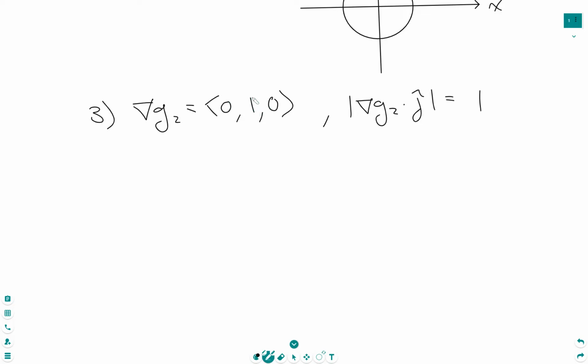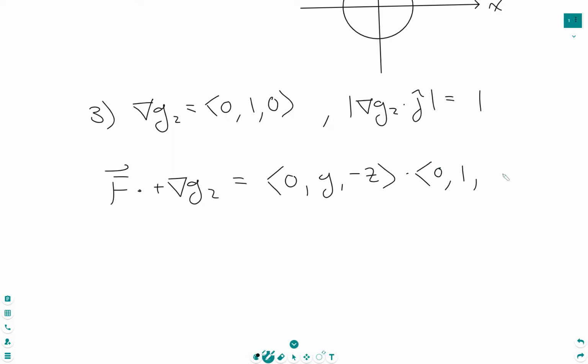But we need to say that we're choosing the positive here because we want this to have a positive y direction. It's pointed out of this object. So we choose the positive. So when we do our dot product, we choose the positive version of g. So we get 0, y, negative z, dotted with 0, 1, and 0. This ends up just giving us y.